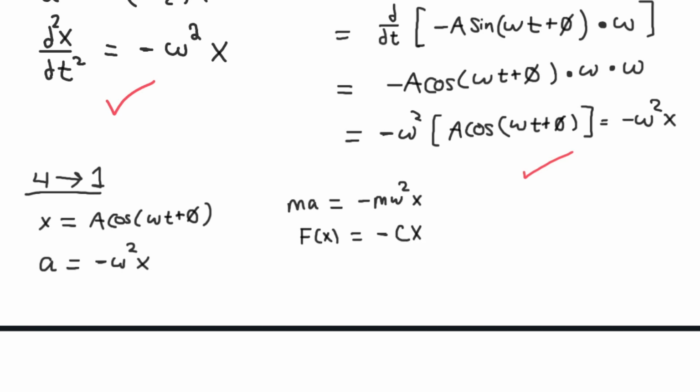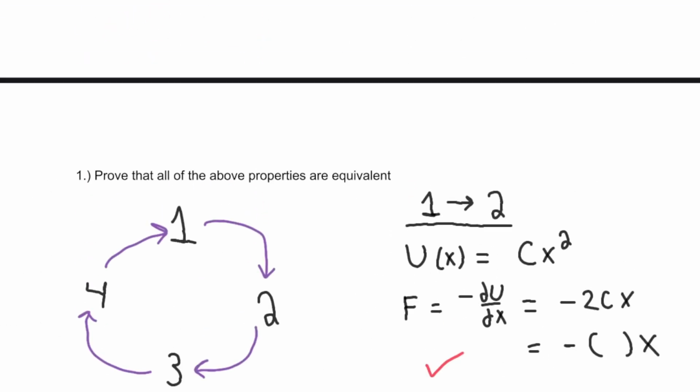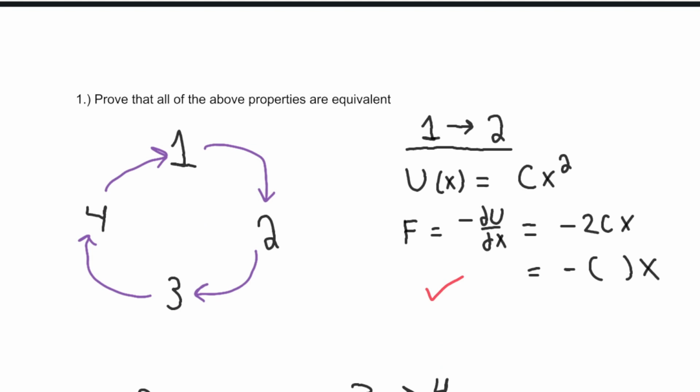But since force is equal to negative du dx, that means that u is equal to the negative integral of the force. And the antiderivative of cx with a negative is just going to be 1/2 cx squared, which, if you notice, is quadratic. So now we've done it. We've proven the whole cycle. So again, what we did is, if our potential energy function is quadratic, that means our force is linear with a negative attached.